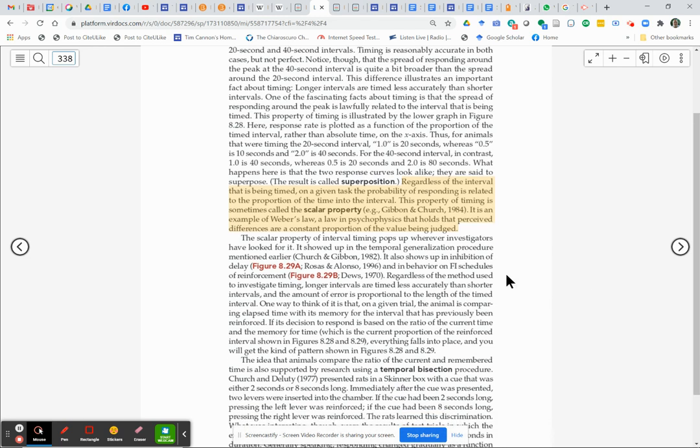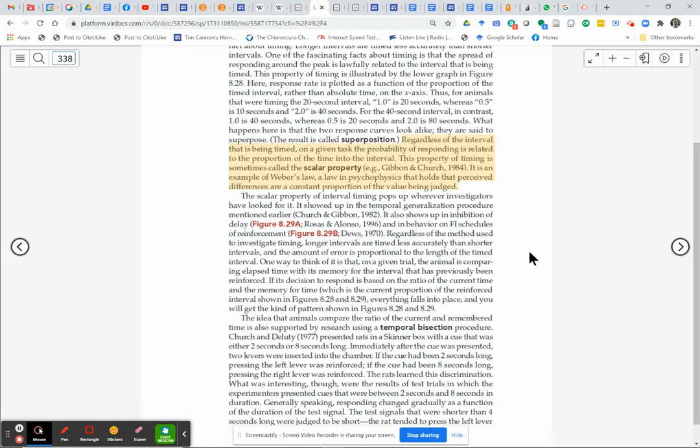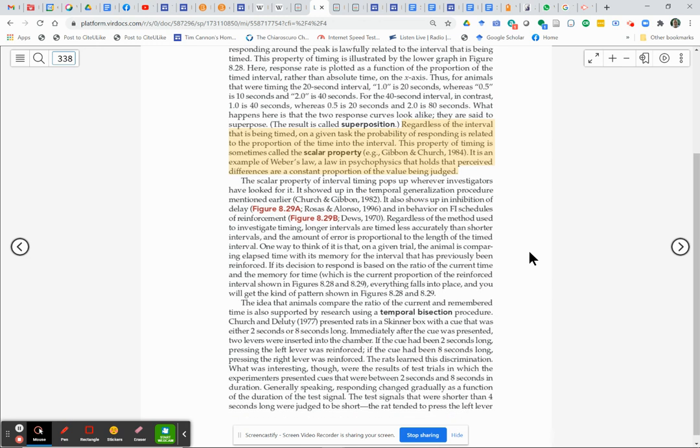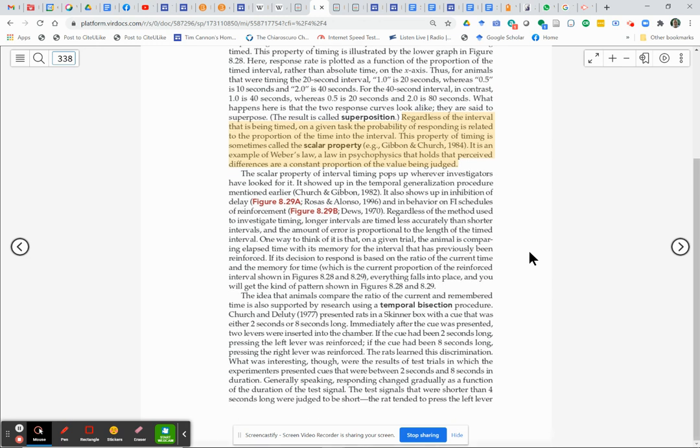Scalar property. Church was very big for me when I was early in my research on fear and pain, actually. And there's different theories of how the animals are doing this timing.